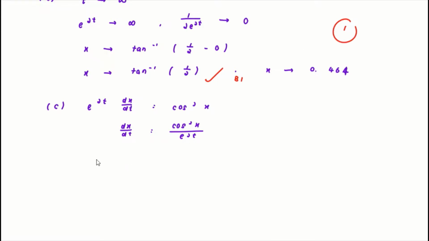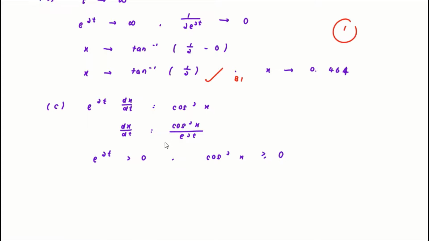We already know that for any exponential, it will always be positive, greater than 0. For cos squared x, because it's just cos x and then you square the whole thing, cos squared x is going to be greater than or equal to 0 as well.